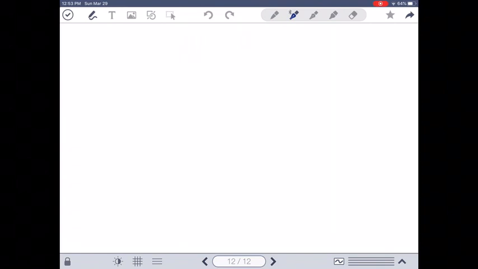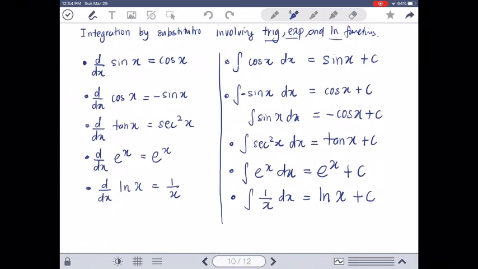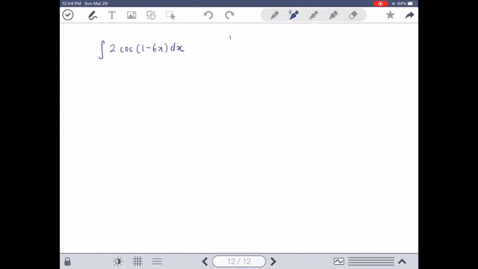Let us try one more example. Integration of 2 cos (1 minus 6x) with respect to x. And we know by the formula that integration of cos x with respect to x is just equal to sin x plus c.